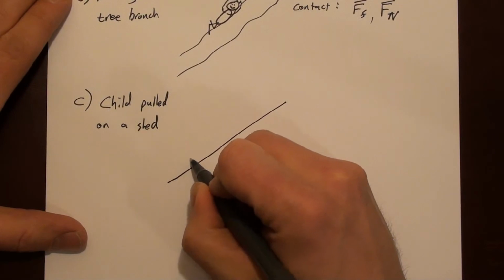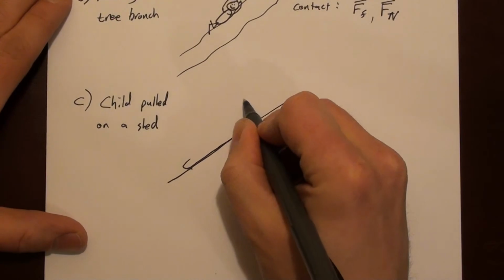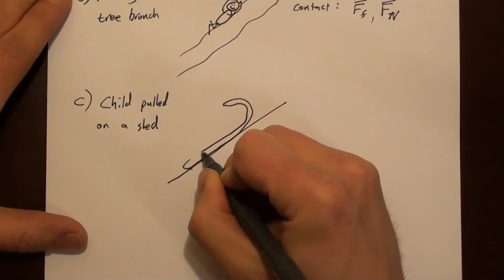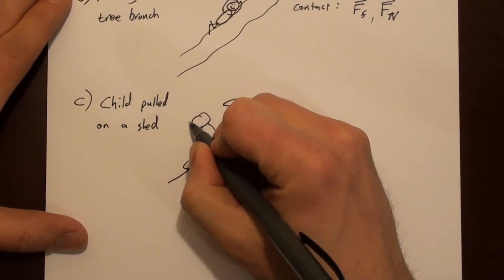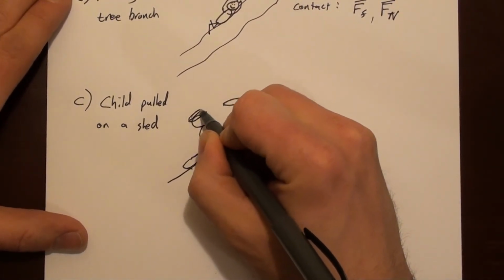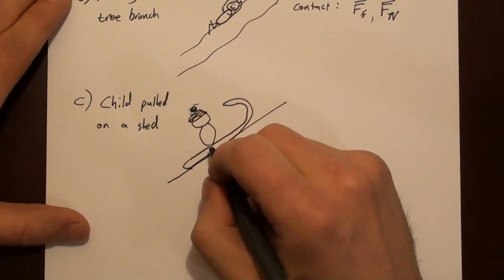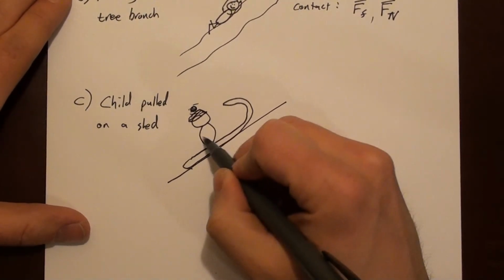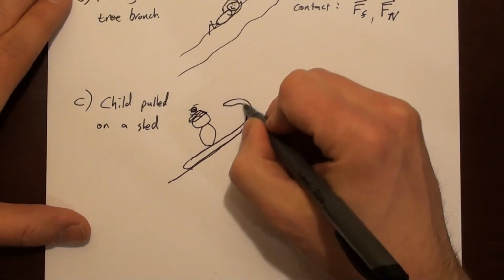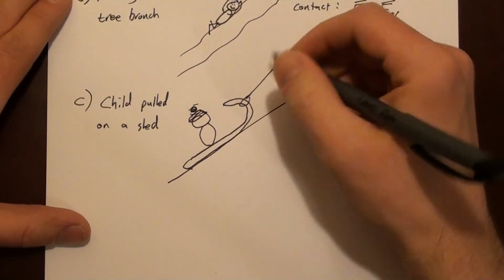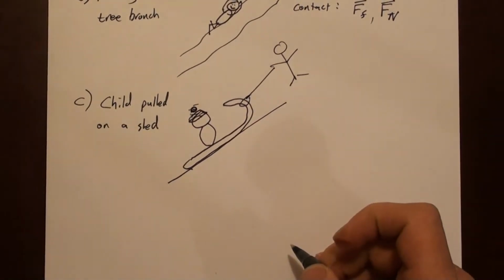Alright, so let's see here. And maybe it's cold outside, so he's got a little hat on. I don't know, that looks like a child, right? And let's say maybe there's some rope and another guy over here pulling the rope. Okay?